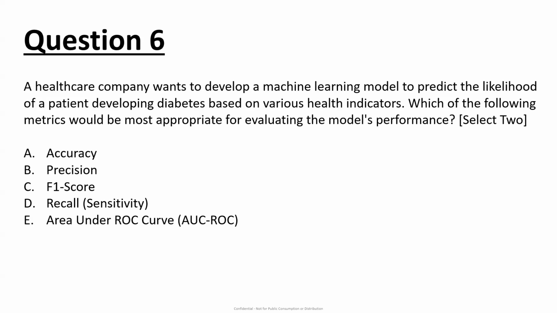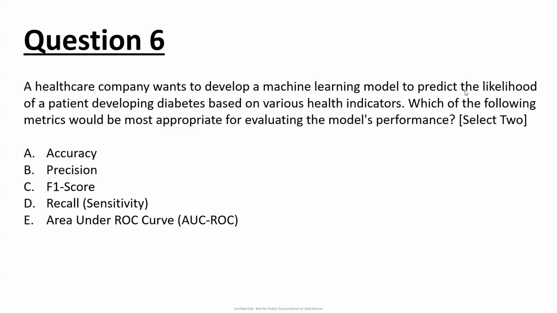Precision is, of all predicted positives, how many were correct. Then precision cannot be the option. F1 score is actually a balance between precision and recall. And recall, if you remember, is of all the positives, how many were found.